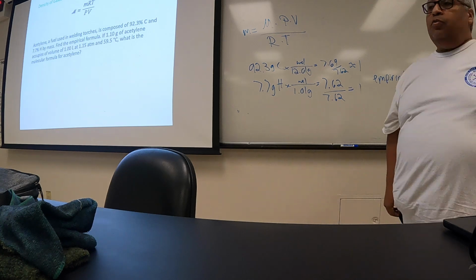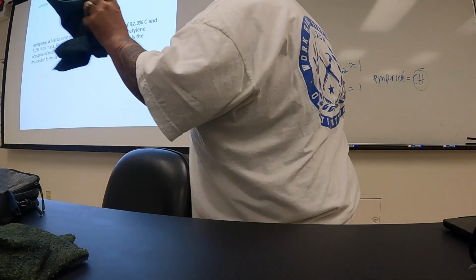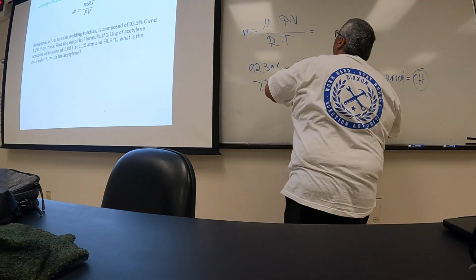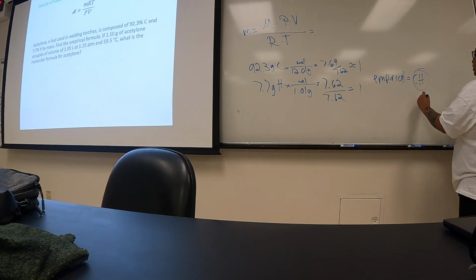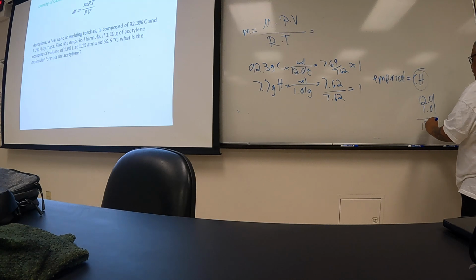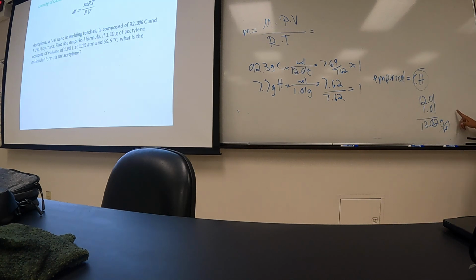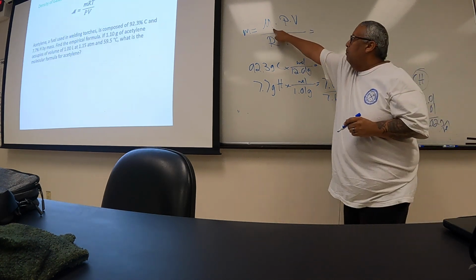All right. So now we have this other information over here, and we'll start putting this together. We need the molar mass of this first. So this is 12.01 plus 1.01, which is 13.02 grams per mole. This is our empirical mass that we're going to use here.